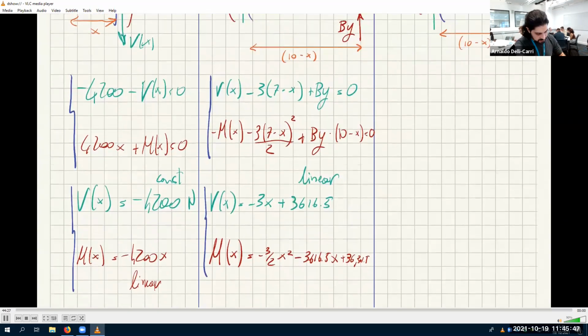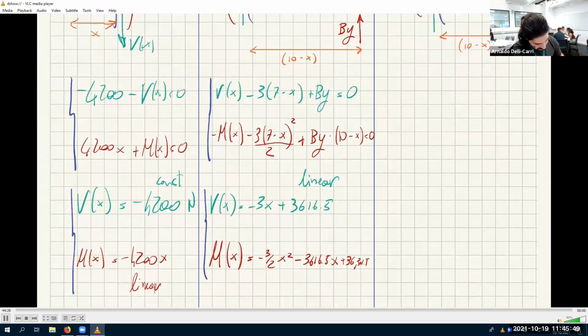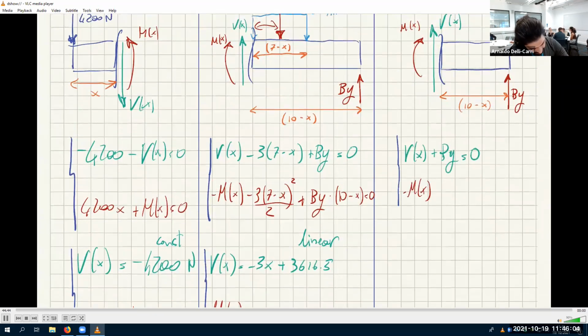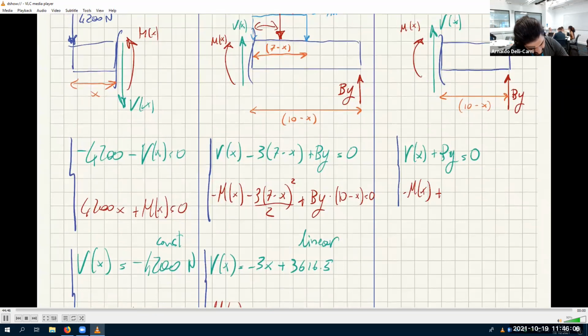And the last one, and now this one is easier, v of x plus by equals 0. And this one is minus m of x plus by times 10 minus x equals 0.